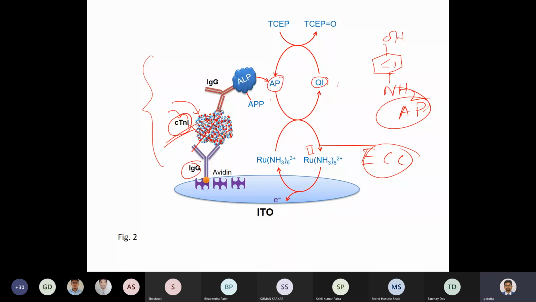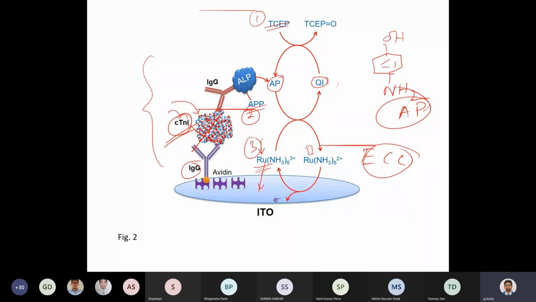But if you don't have AP, meaning in the zero target case, AP cannot form. So ruthenium 3 will be there only, right? As I said, ruthenium 3 will not react on the surface very fast because it is the starting material. So ruthenium 3, APP, and the T-shape: number 1, number 2, and number 3.